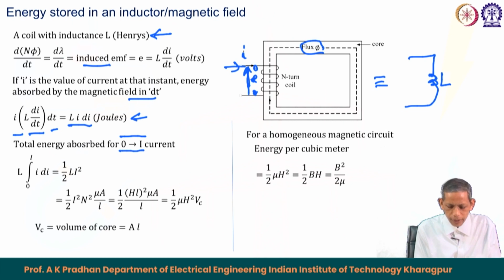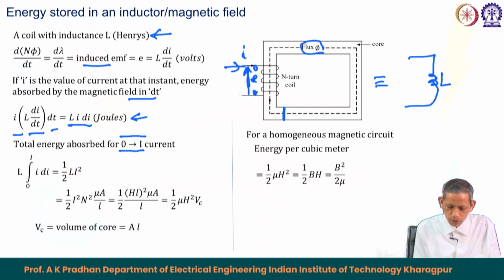Furthermore, we know that L is defined as N square by S. So, that becomes half I square N square mu A upon L, which equals half H square L square upon mu A by L. So, we can say that N I equals H L. So, that becomes half mu H square into V C, where V C is the volume of the core, cross section area A C into the length of the mean path.